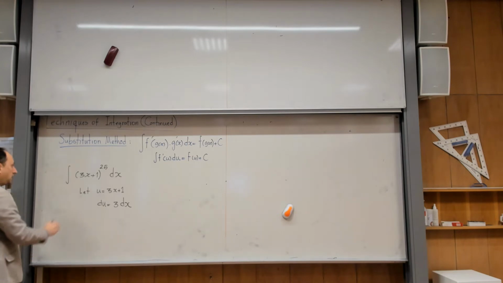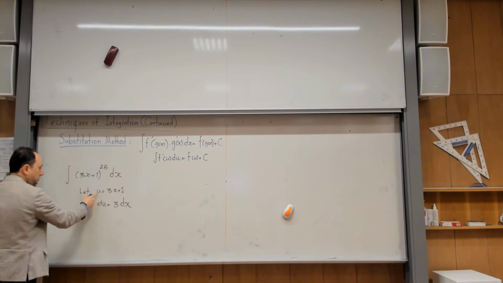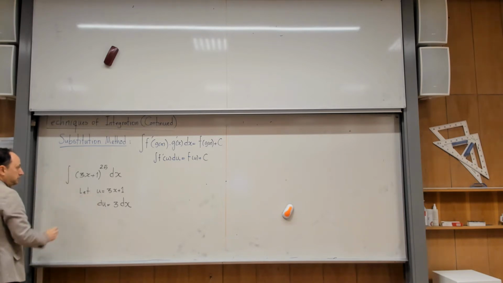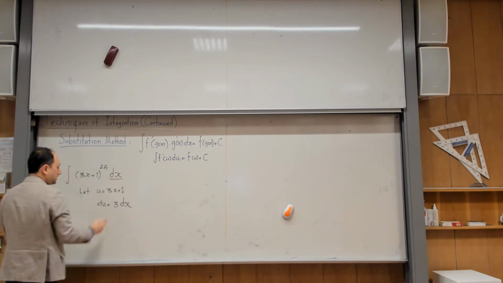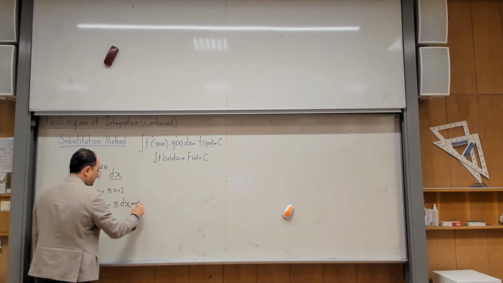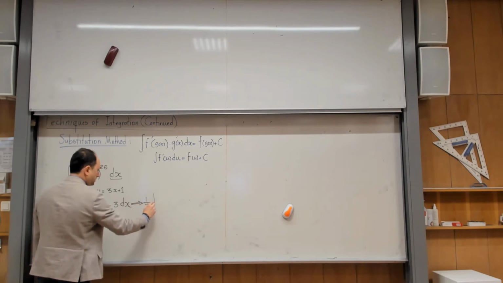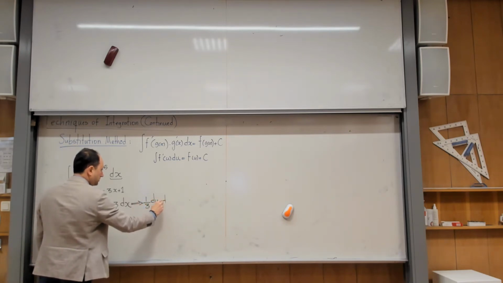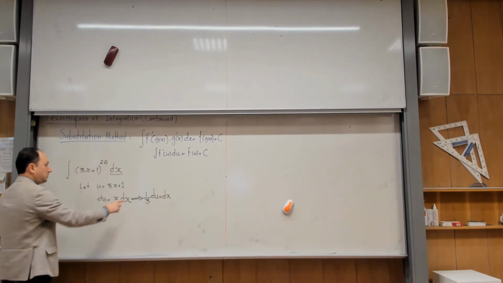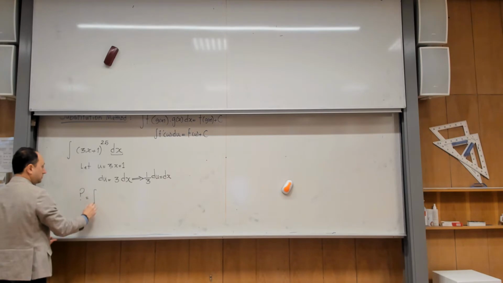And then I have to rewrite the integral only in terms of the new variable. But here there is only dx. I got 3 times dx, but that is just a minor problem. I divide everything by 3, so it becomes a third du equals dx. Then I replace everything here. So the question mark is actually the integral.